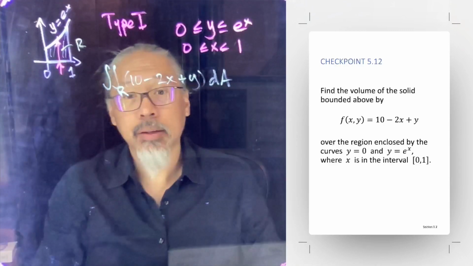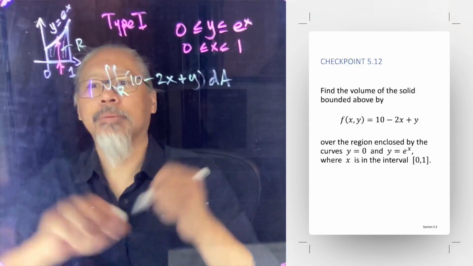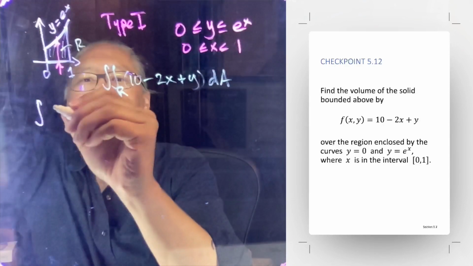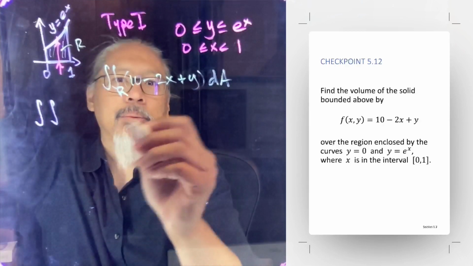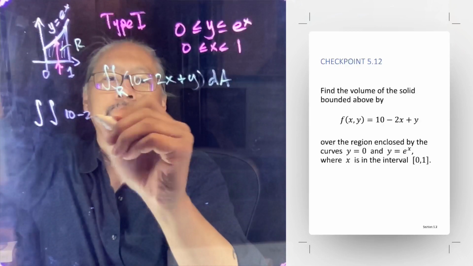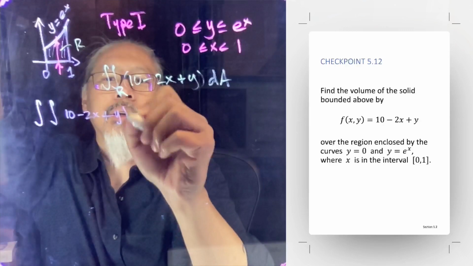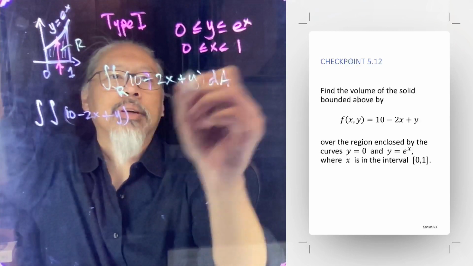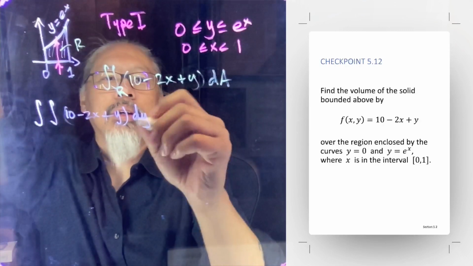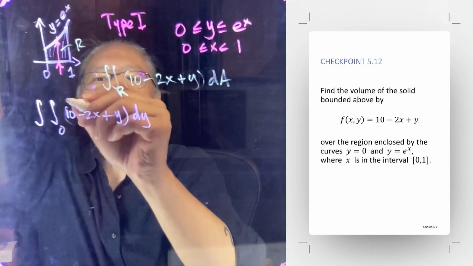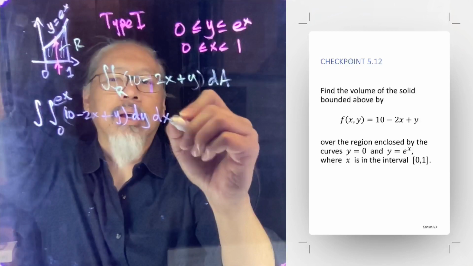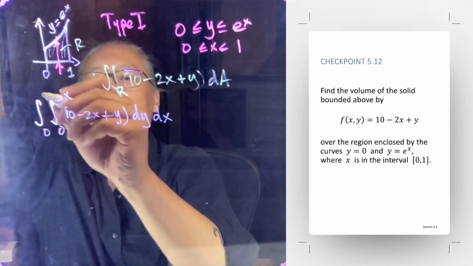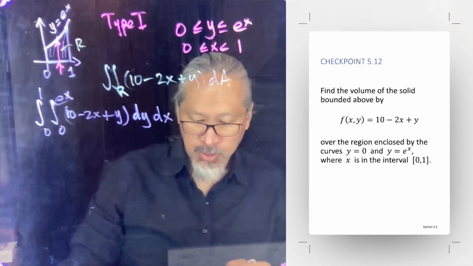Then we'll set up our double integral with these limits that we just found. So we have 10 minus 2x plus y. We're going to integrate this with respect to y first, and the y limits go from 0 to e to the x, and then with respect to x, and your x limits go from 0 to 1.